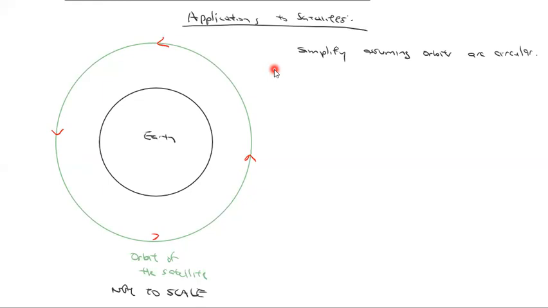In reality, they aren't circular, because Kepler's first law tells you that they're ellipses. But for the calculations you're doing in physics, you're not expected to know about ellipses, so you don't need to worry about that. We're going to assume they're circular.